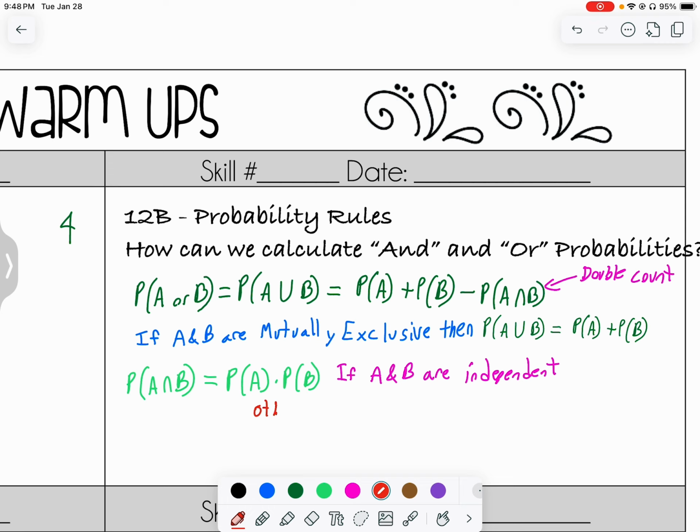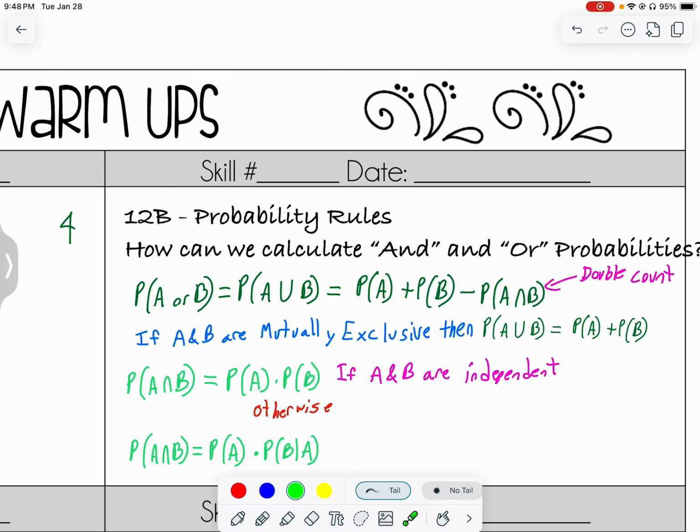Otherwise, this is how we get the probability of events A and B: the probability of event A times the probability of event B given A. We would multiply B because we know that A already occurred.